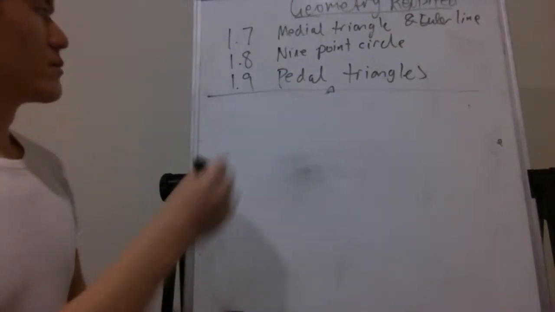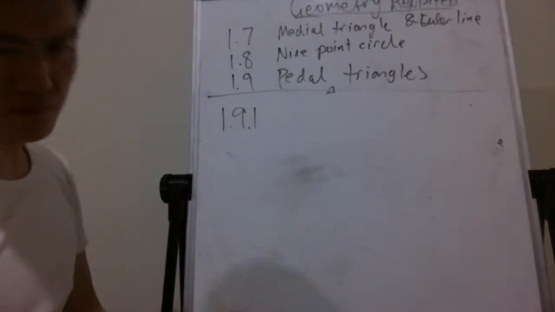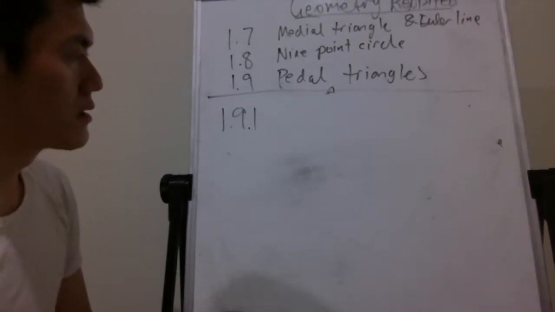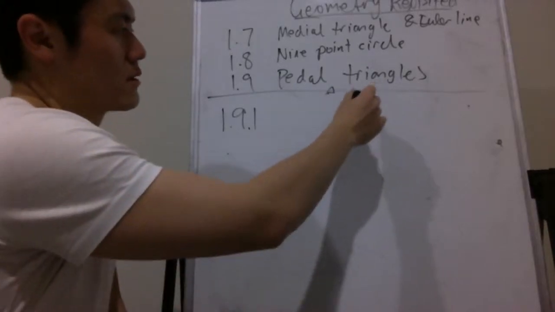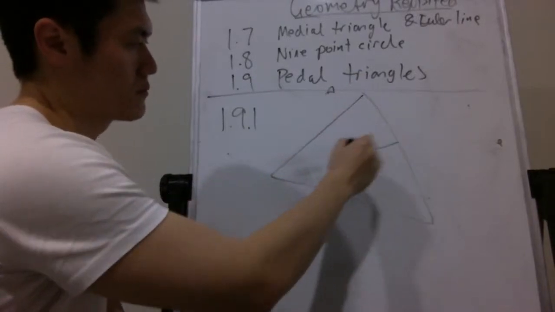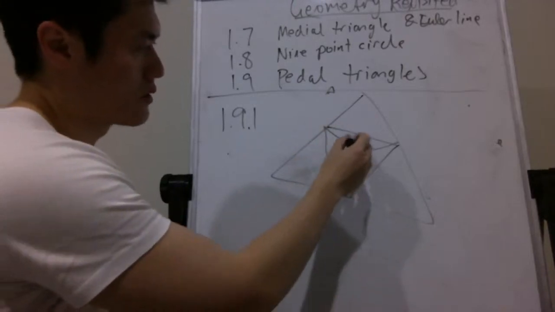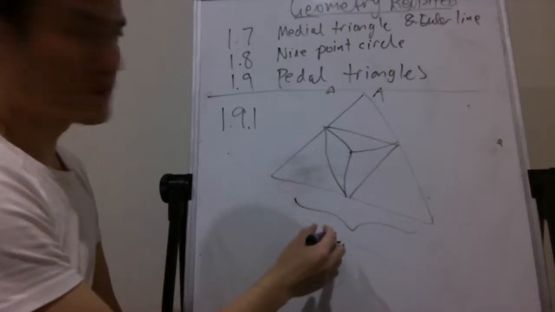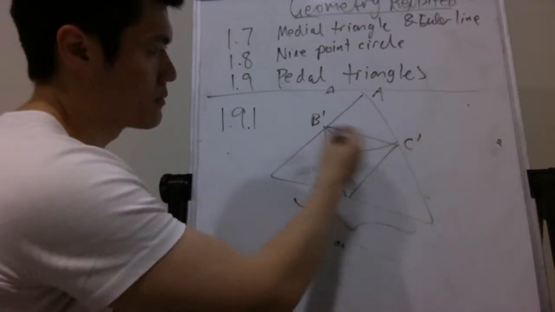The part just before it, 1.9.1, was saying that you can relate this length we call A to this length, which we call B prime C prime.